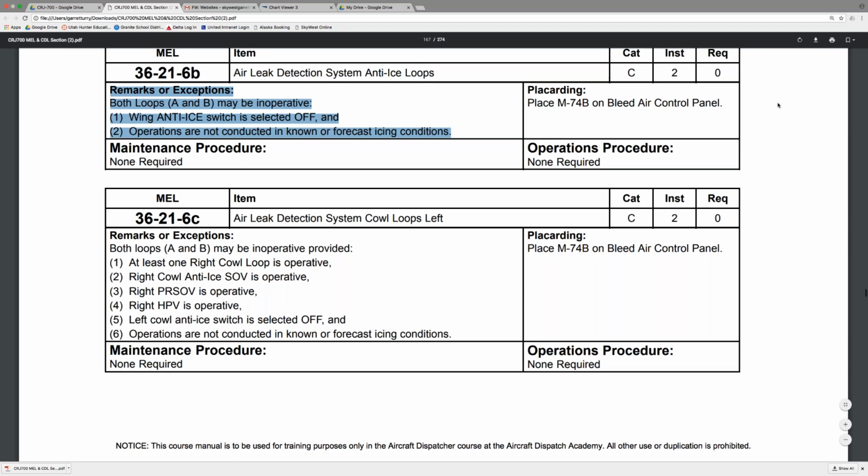And for weather protection or weather radar, there's a couple places it could be. I'd probably start looking first in the ice and rain protection, and I'd also look into the navigation section.